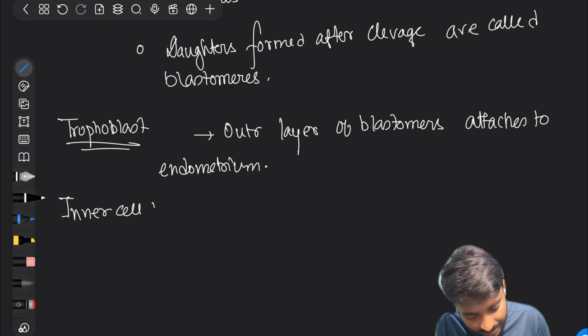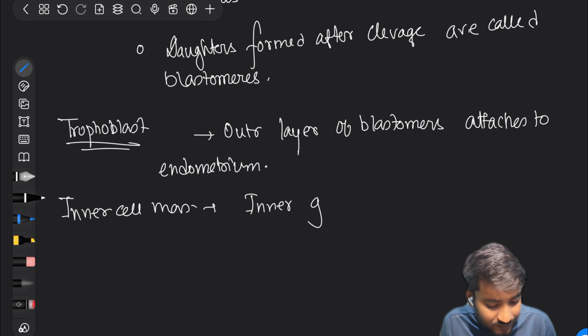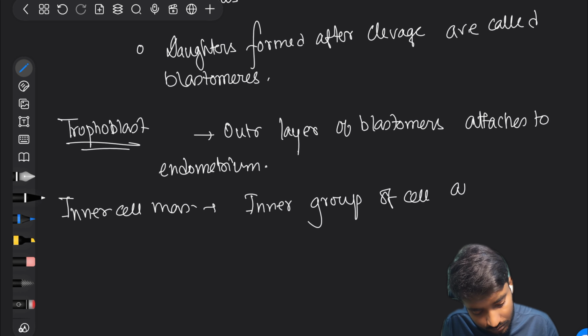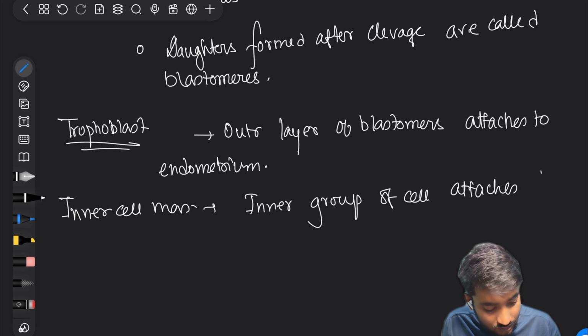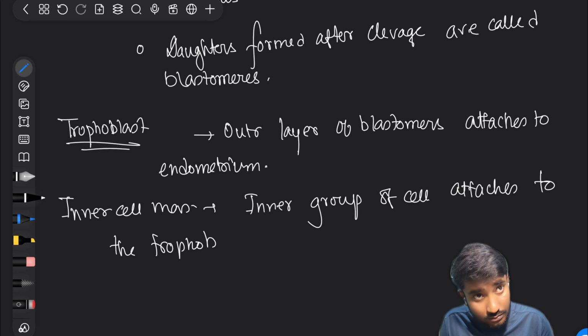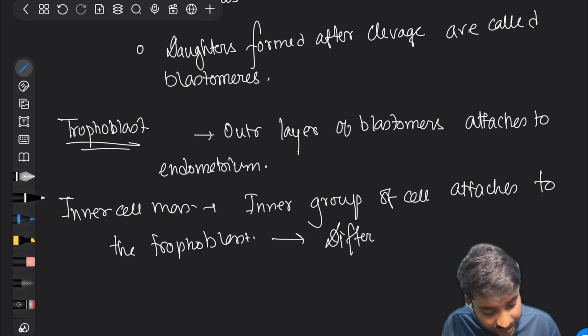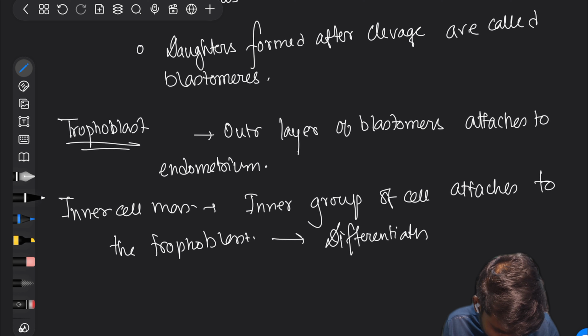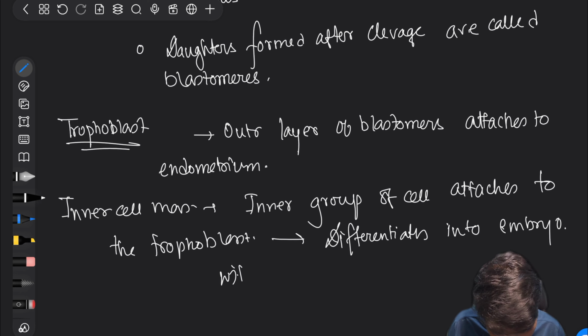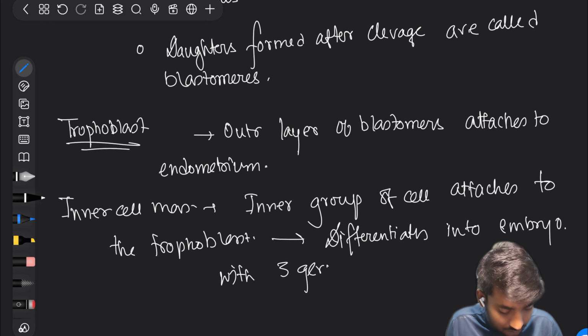The inner cell mass is the inner group of cells attached to the trophoblast. It differentiates into the embryo with 3 germ layers.